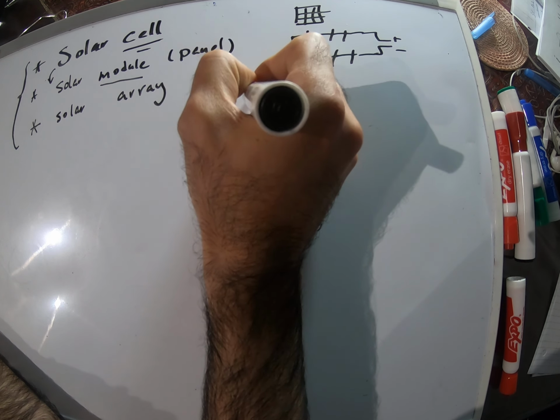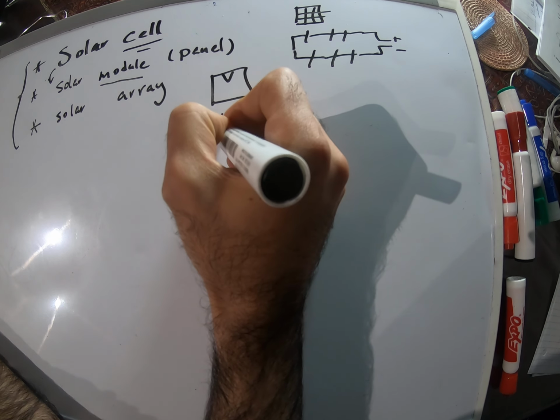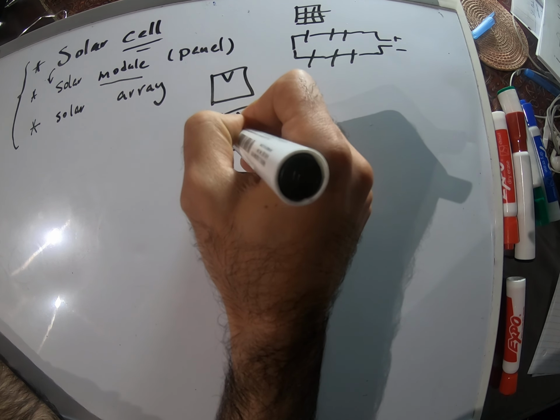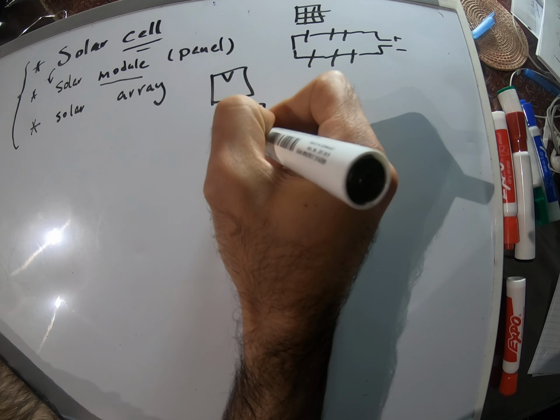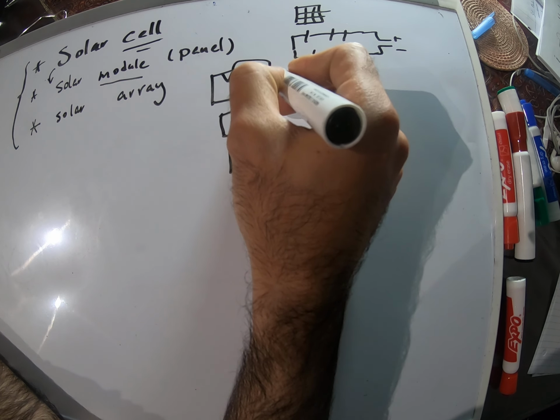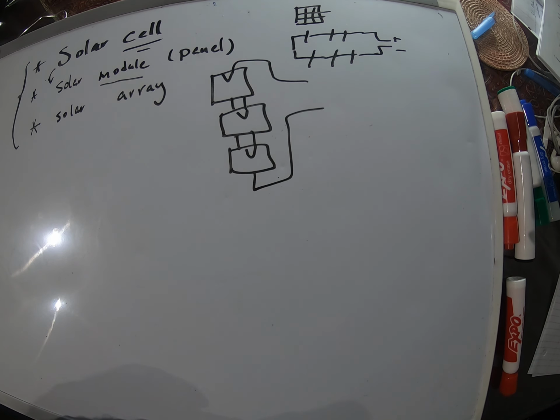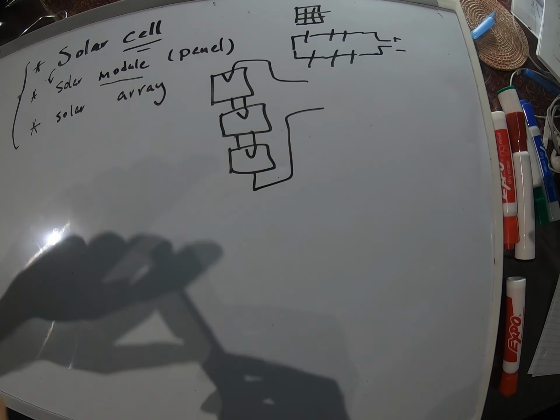And if I show a solar panel like this, if you put multiple of them together, you basically end up with a solar array. So when we talk about solar cell, solar panel, solar module, solar array, this is what I mean.